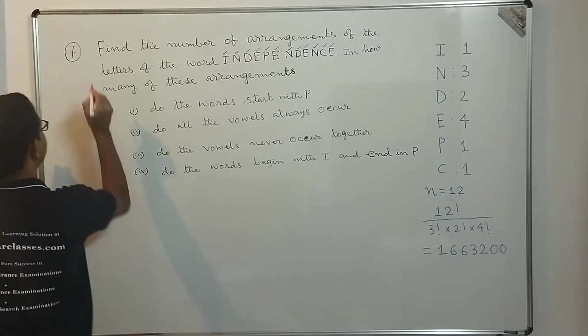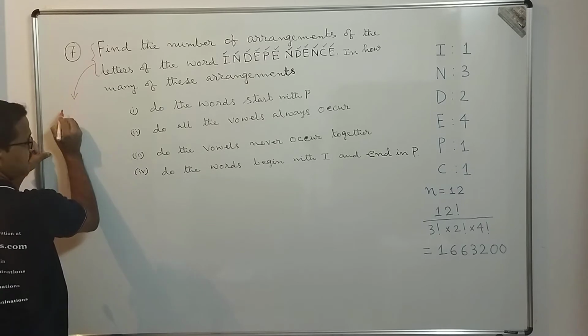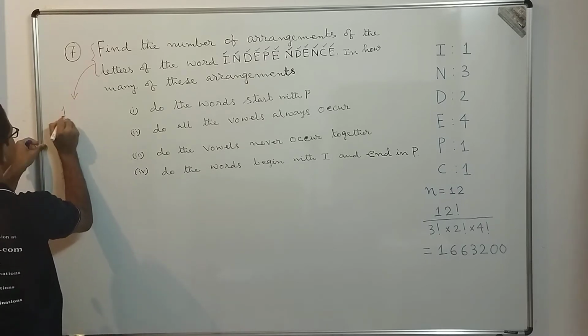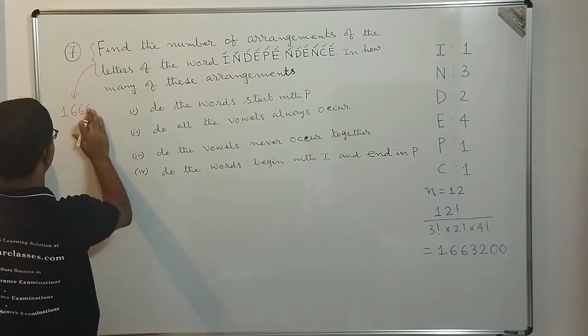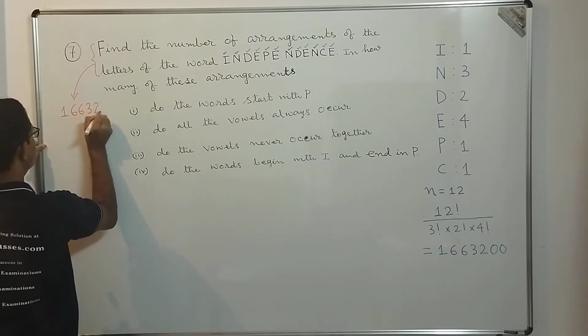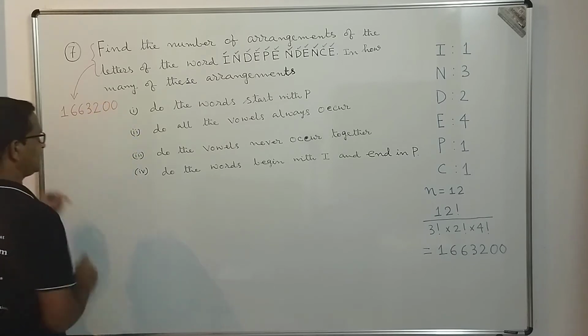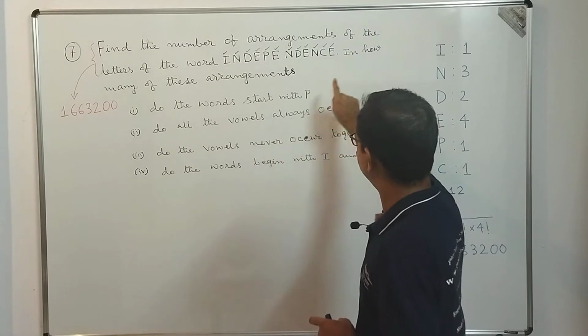So let me write down this one. That is the answer to the first question. What is the number? It is 166,166,3200. Correct?